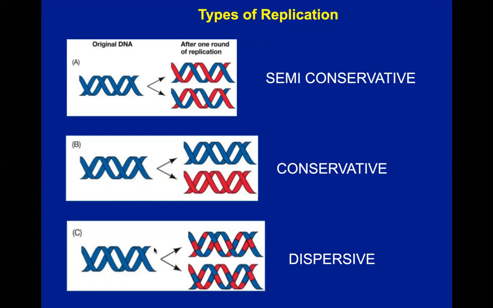Dispersive means both the newly formed DNA and the parental DNA form fragments, and those fragments are condensed together to form a DNA double helix. So these are the three forms. But the type of replication commonly occurring in humans is semi-conservative.